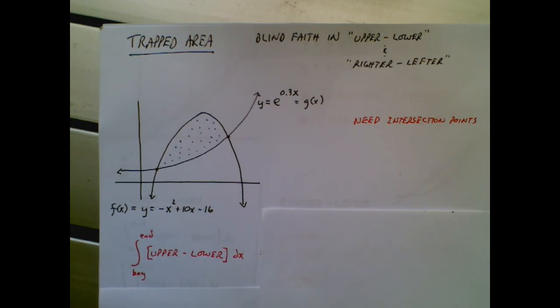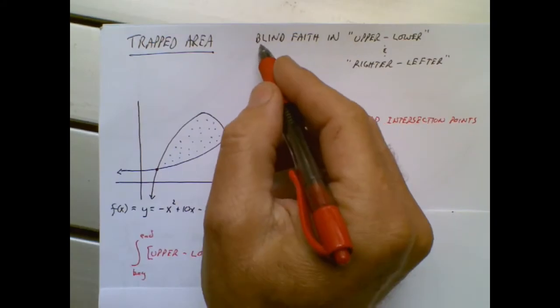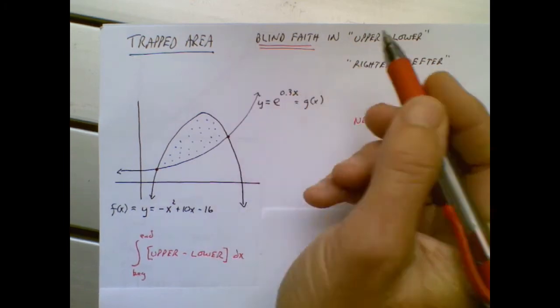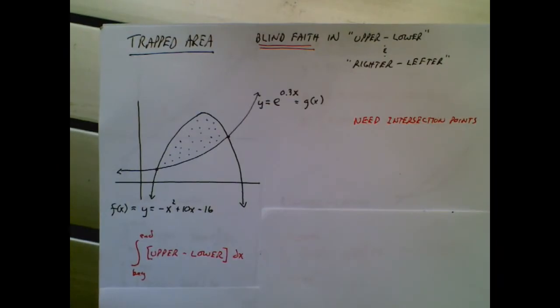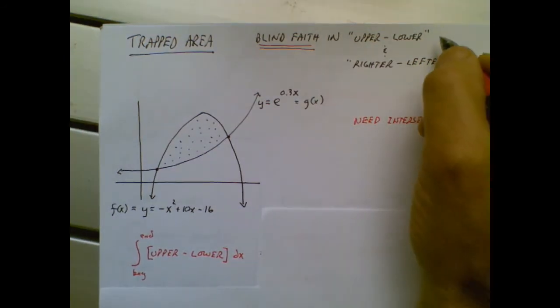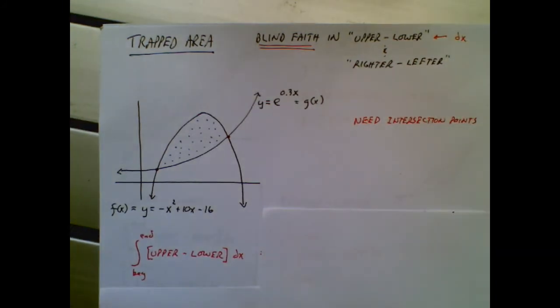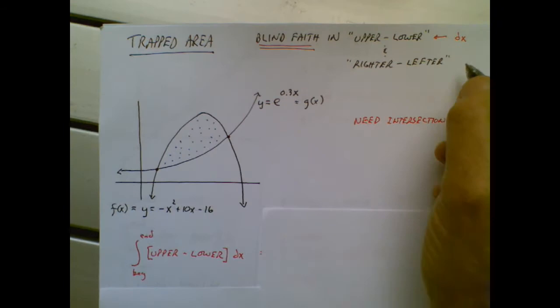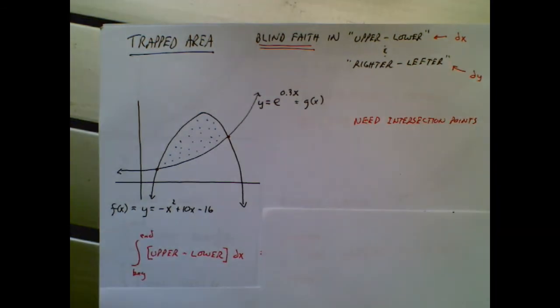To get this trapped area, you have to have what I call blind faith. And your blind faith is going to come into two areas, either upper minus lower or righter minus lefter. The upper minus lower is when you're going to do a problem with respect to the x-axis. The righter minus lefter is when you do a problem with respect to the y-axis.